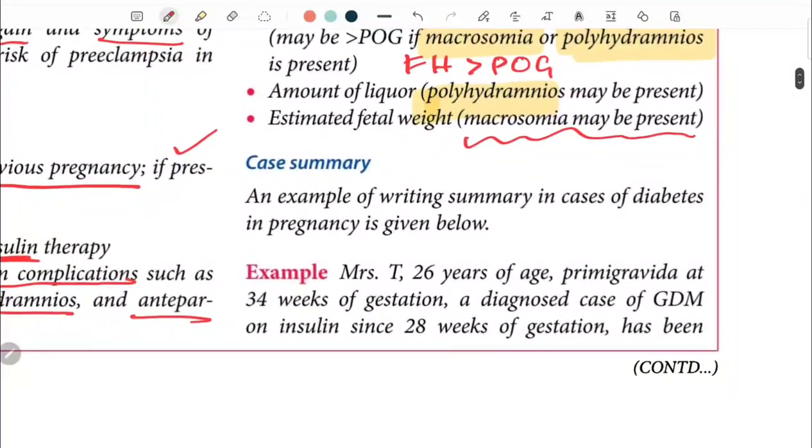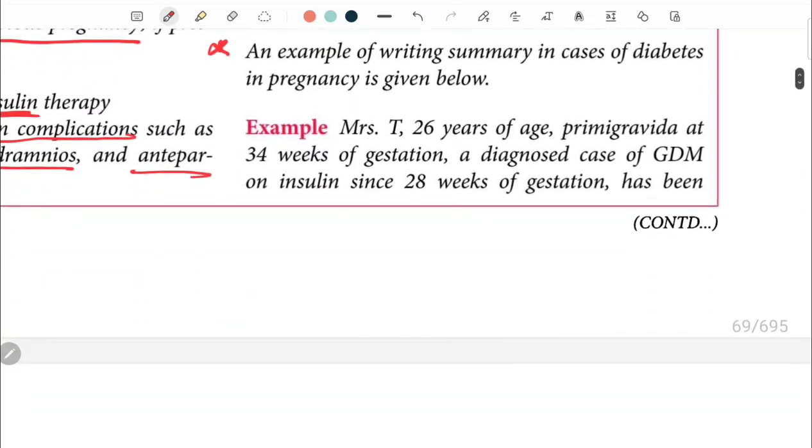So now let's look at how to write a case summary in case of GDM. An example of writing a summary in cases of diabetes in pregnancy is given. Mrs. T, 26 years of age, primigravida at 34 weeks of gestation.